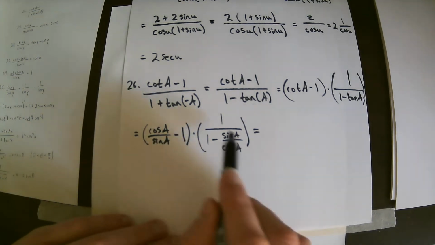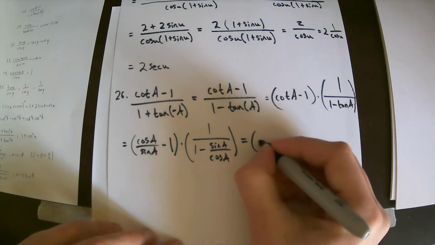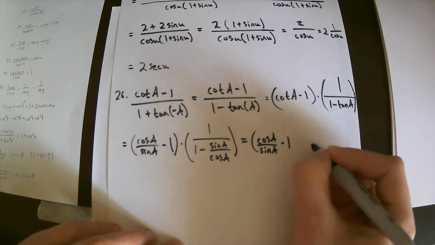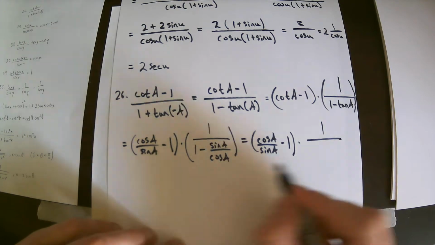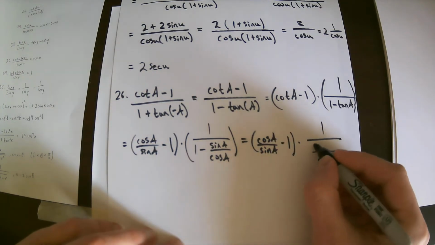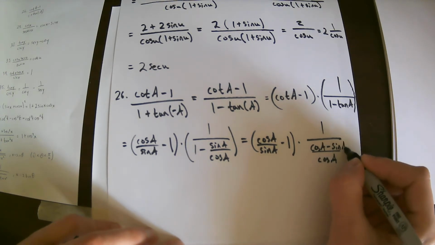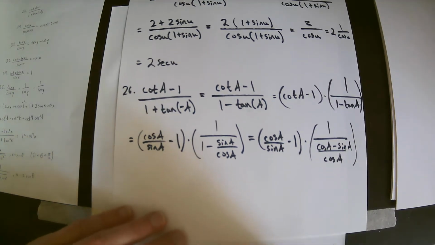Now I need to get a common denominator here so that I can then flip this fraction. So I'm just going to carry this along, cosine of A over sine of A minus 1 times 1 over, let's see, my common denominator down here will be cosine of A, meaning this needs to turn into a cosine of A, and then minus sine of A. Okay.